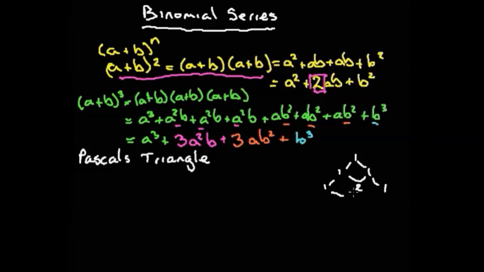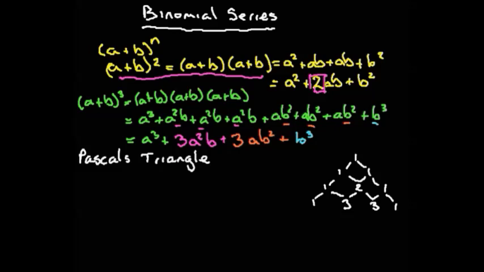You can see a pattern here. 1 plus 2 is 3, 2 plus 1 is 3, 1. Look where it is, 1, 3, 3, 1. And that could go on to the fourth and the fifth powers. And actually when you get up to sort of 8, 9, 10 and even more powers, this becomes a little unwieldy to work out what the expansion is.